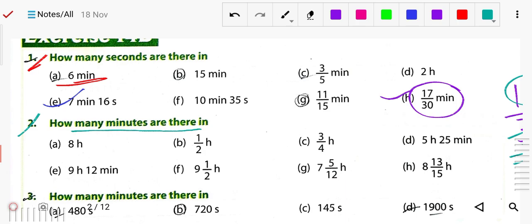Like this you can solve any one. Suppose this is number G. Number G is given as a mixed fraction. First of all you have to make it simple. Then you can change it. How many minutes are there? It is given in hours. So hour to minute you have to change, meaning highest to lowest, so you have to multiply.